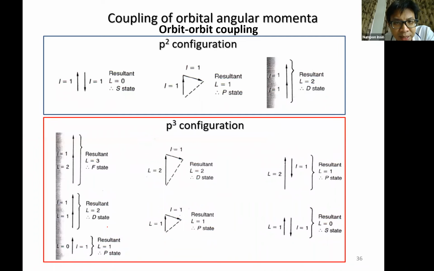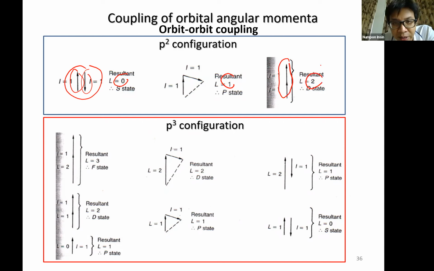And then, the combination. I just mentioned that the combination comes from vector combination. You can see that because of the direction like this, we can get different combinations. If you have L of the same value, they can totally cancel each other out, or if the angle is like this, that can result in the number 1. Or if they combine like this, they can get the level of 2.